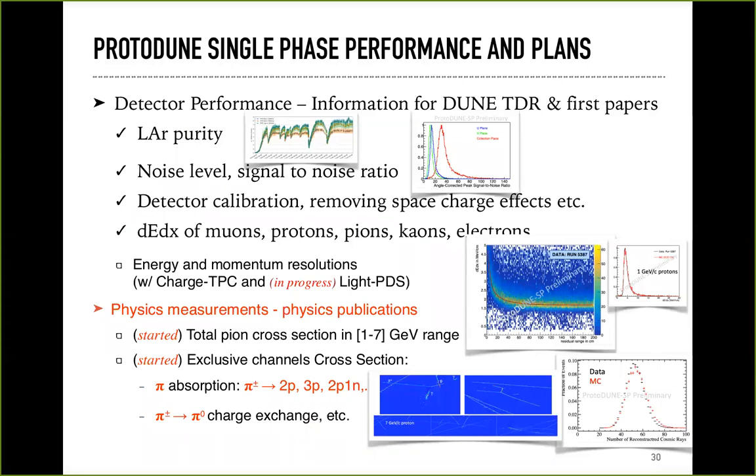So the LAr purity is very good, as well as the signal to noise ratio. Calibration is ongoing. dE/dx is quite nice to see, as well as the identification of the protons. But there are several measurements that are underway, and it would be nice to see very soon the cross-sections measured from the interaction of the charged beam at CERN with the detector, with the liquid argon.